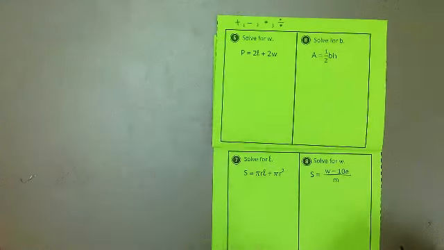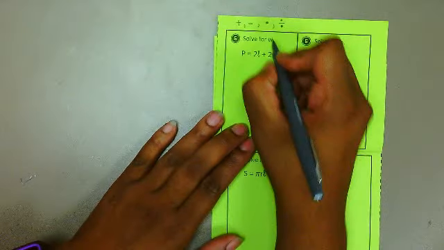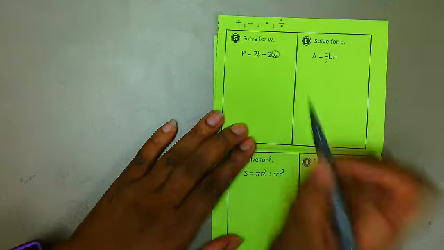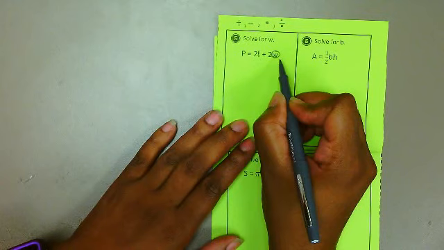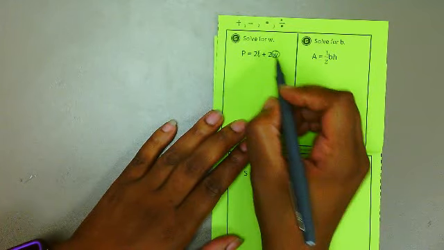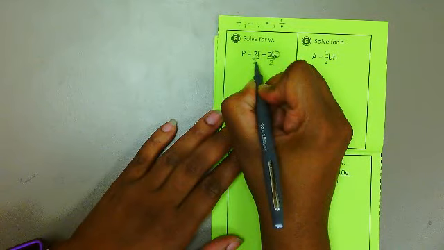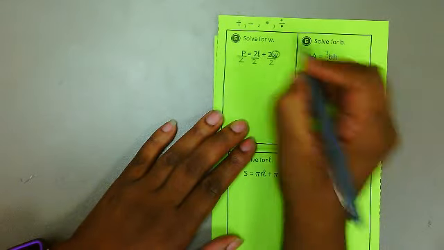So if we're solving for W, the first thing I'm going to do is reverse distribute because I want to divide everything by 2. That's going to get rid of this 2 and this 2.